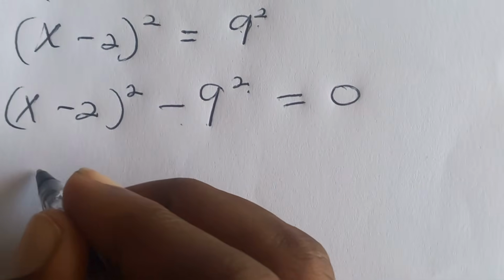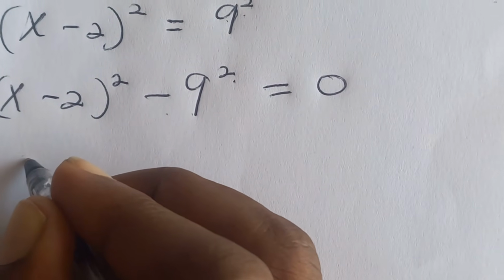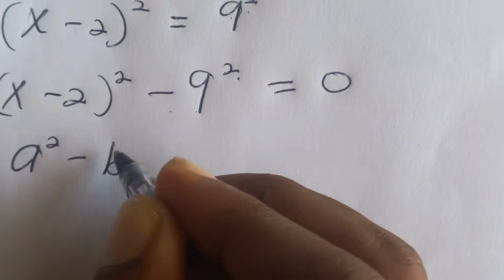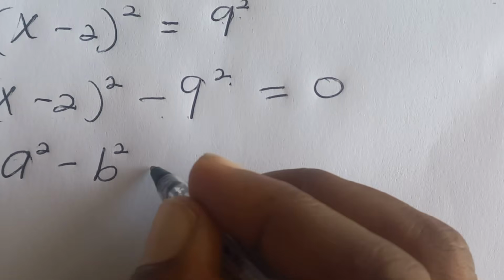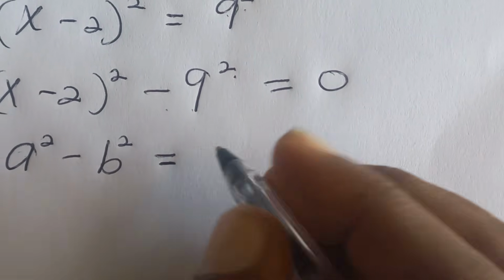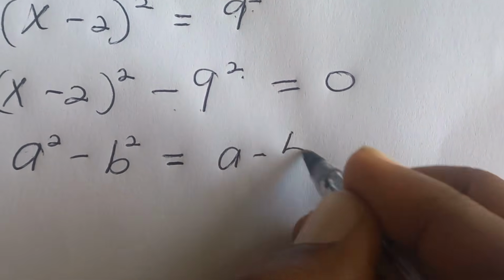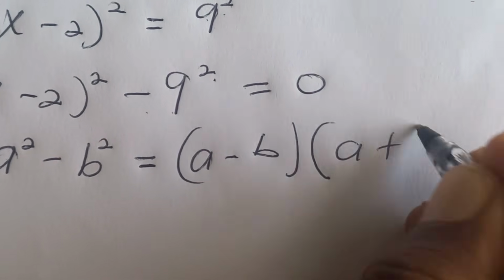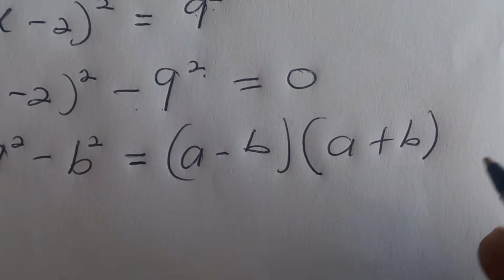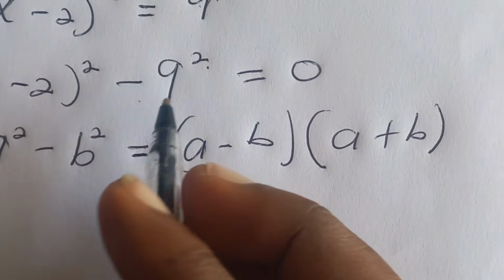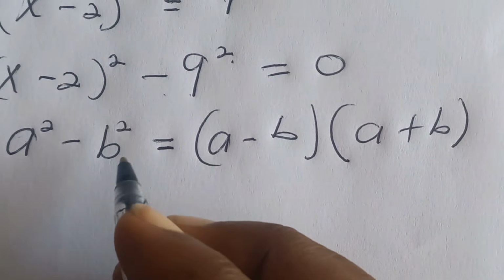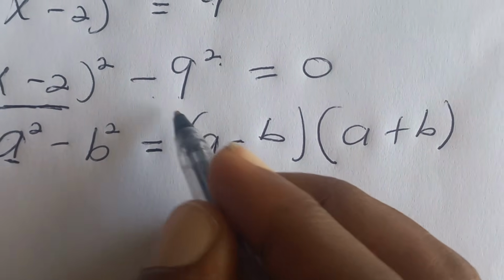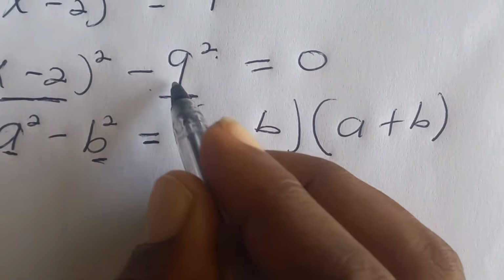In algebra, we have the expression for the difference of two squares, which is a squared minus b squared. This expression is expressed as (a minus b) multiplied by (a plus b). Now, when we compare these two terms, you can see that our a is x minus 2, and our b is 9.